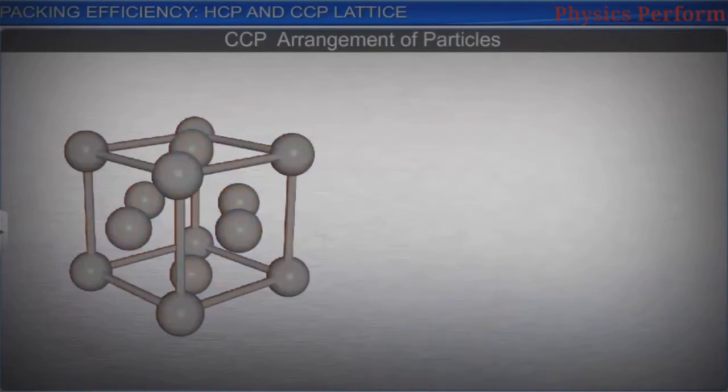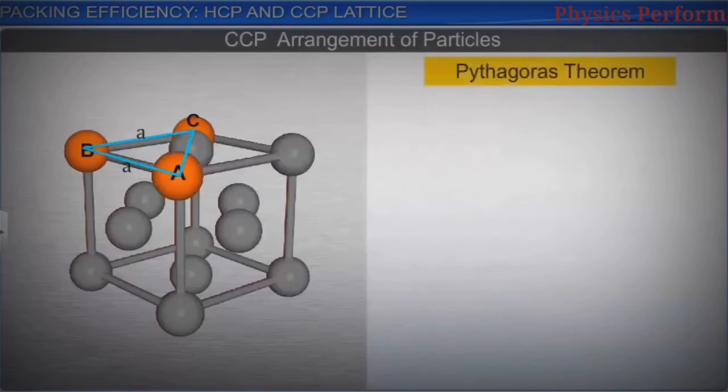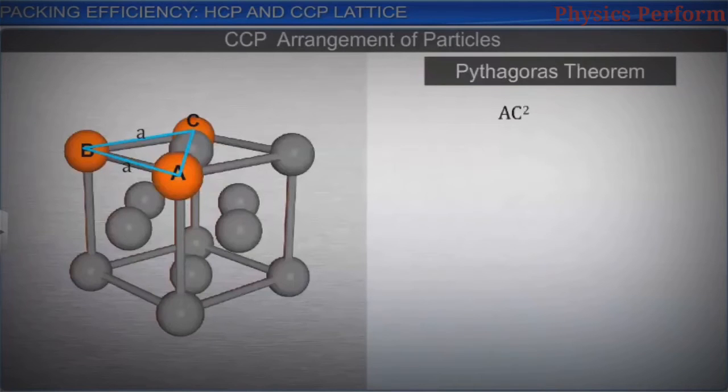Let spheres A, B and C lying on the unit cell form a right triangle, as shown here. Then, applying Pythagoras theorem, we get AC square is equal to AB square plus BC square. Therefore, AC square is equal to a square plus a square, which is equal to 2a square.